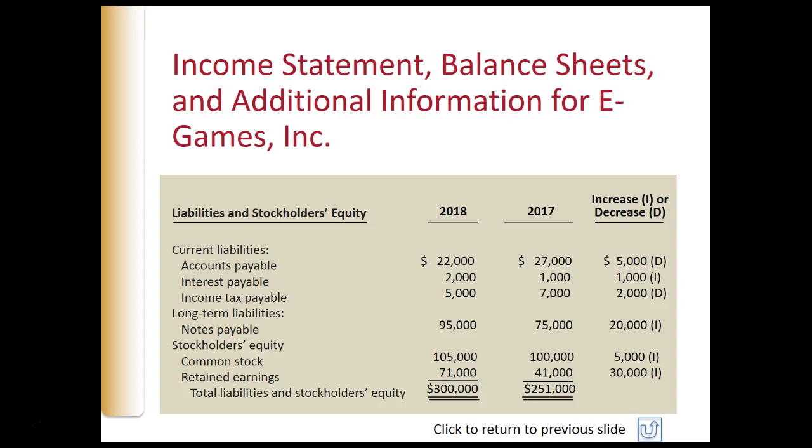Interest payable is the opposite. Interest payable was at $1,000. It's gone to $2,000. So that account has increased $1,000. Income taxes payable went from $7,000 to $5,000. It's decreased $2,000.